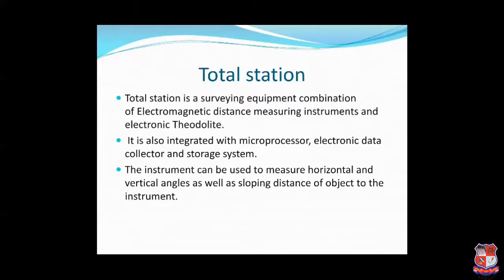It is also integrated with a microprocessor, electronic data collector and storage system, which makes it quite an advanced instrument for surveying purposes. The instrument can be used to measure horizontal and vertical angles as well as the sloping distance of an object to the instrument.